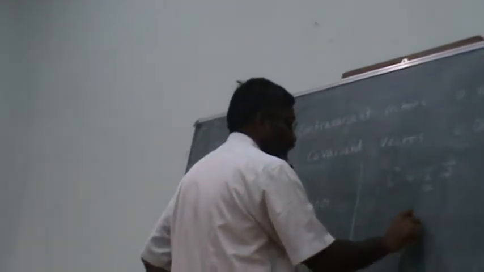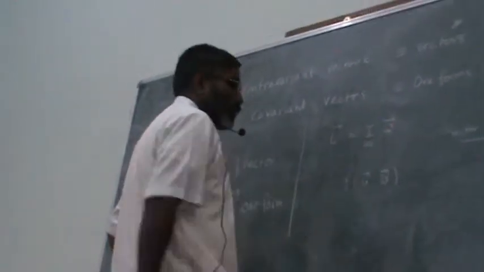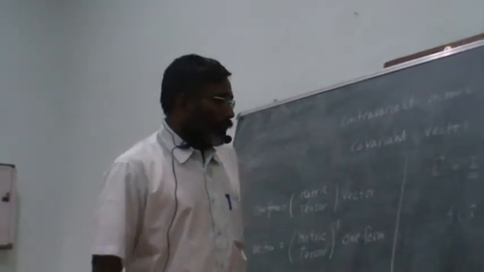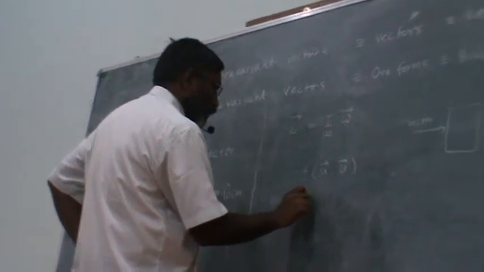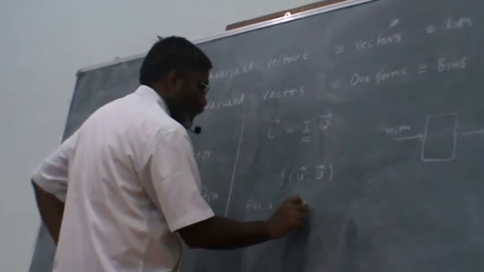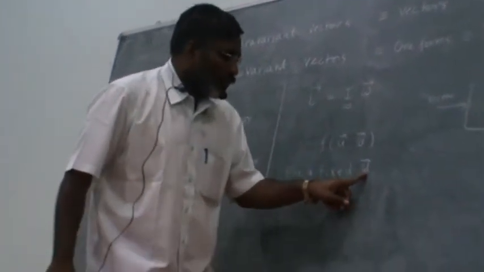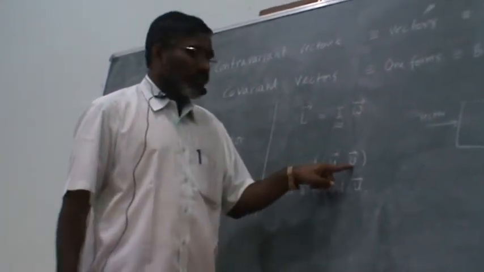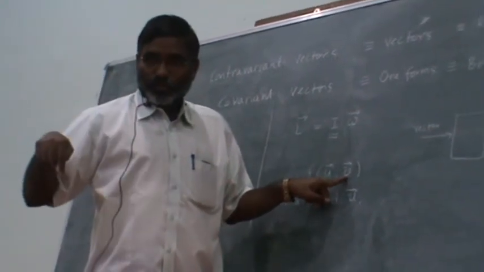So if I have a function of u comma v, then for a fixed value of u, this is only a function of one vector variable. That means input is one vector, output is a scalar.